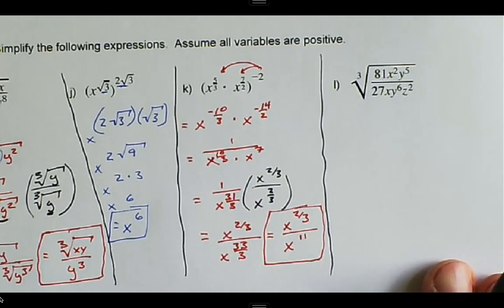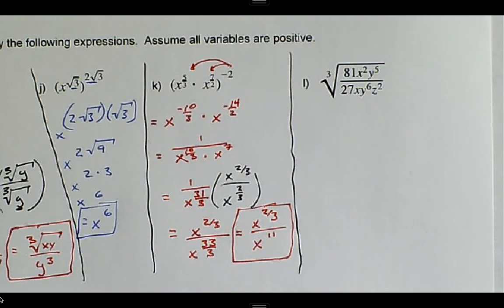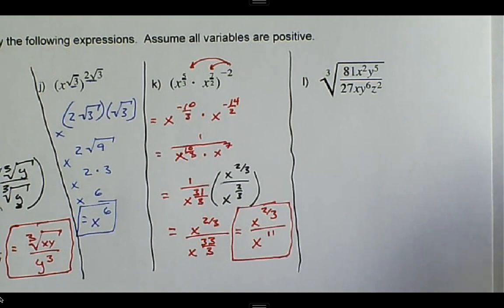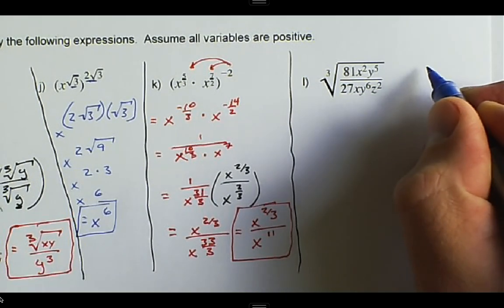Next example that we come to, we want to try to reduce this as much as we can. And so the first thing that we can look at is our numerators or our coefficients here, and we can reduce those.